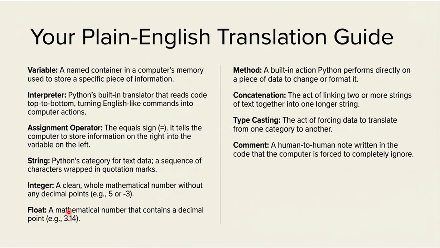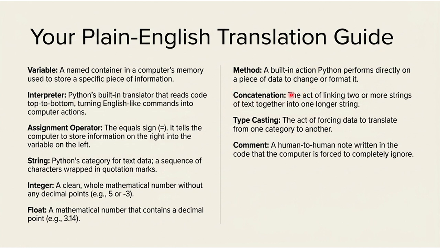If you have decimal points, you have to store them in a float type. Next, what is a method? A method is a built-in action in Python that directly operates on a piece of data in order to change it, or change the format of how it looks.